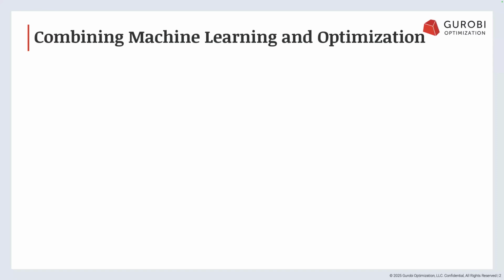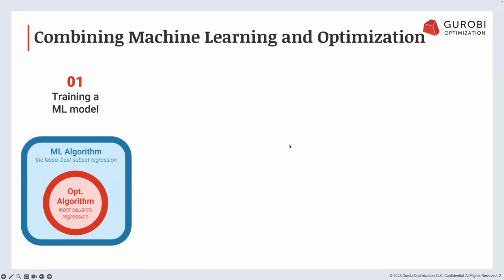I'm going to talk about where it fits in, and where machine learning and optimization fit together as a whole. I'll talk about three ways that machine learning and optimization coexist and work together. Anyone who's actually trained a machine learning model has done optimization.